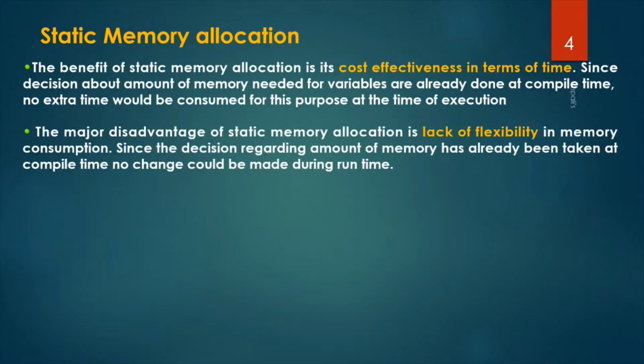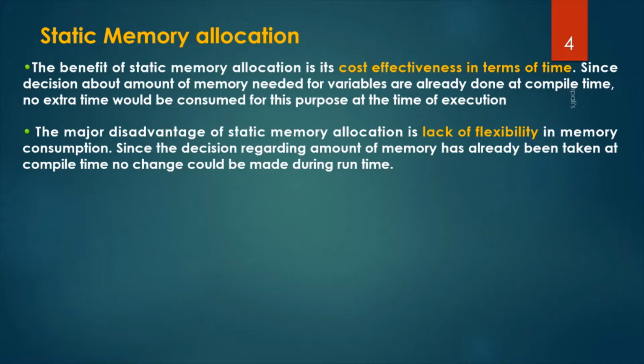The major disadvantage of static memory allocation is lack of flexibility in memory consumption. Since the decision regarding the amount of memory has already been taken at compile time, no change could be made during runtime.